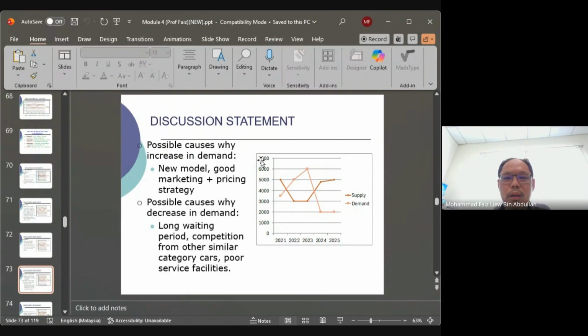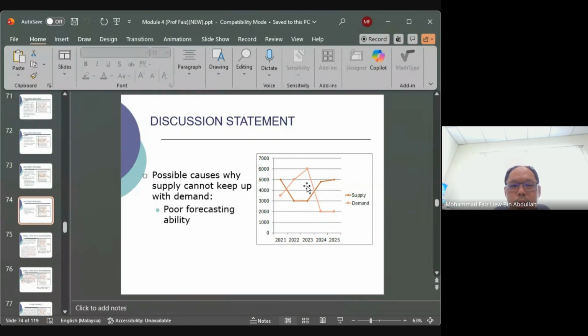So the answer is like, the possible cause of the increase in demand: maybe a new model, good marketing strategy or pricing strategy. Possible causes of the decrease in demand: maybe a long waiting period for the car, competition from other cars in a similar category, poor flexibility. These are all the possible answers that can support why demand went up and down, and why supply went down.